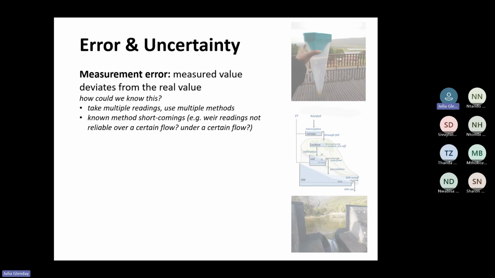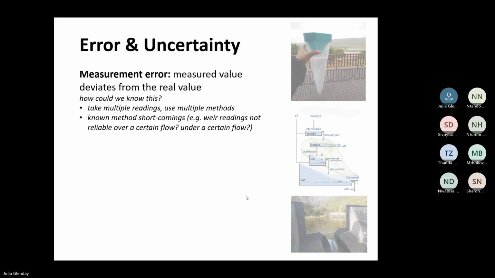There can be known shortcomings in the way that we measure things, like some stream flow weirs have a flow above which they stop capturing flood peaks well, and a flow below which they stop capturing low flows well, just because of the way the structure is, and we may know that in advance or see it in the data.